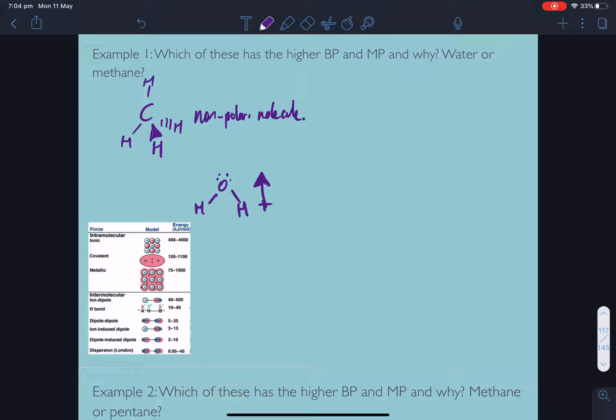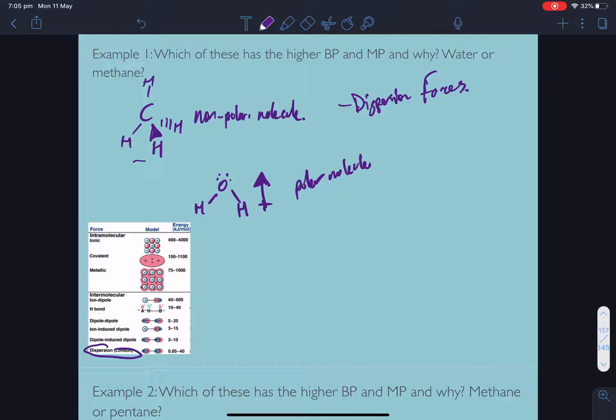Okay, we need to consider what forces exist between two molecules of methane. Well, it's nonpolar to nonpolar, so we've only got dispersion. So dispersion forces exist between two molecules of methane.